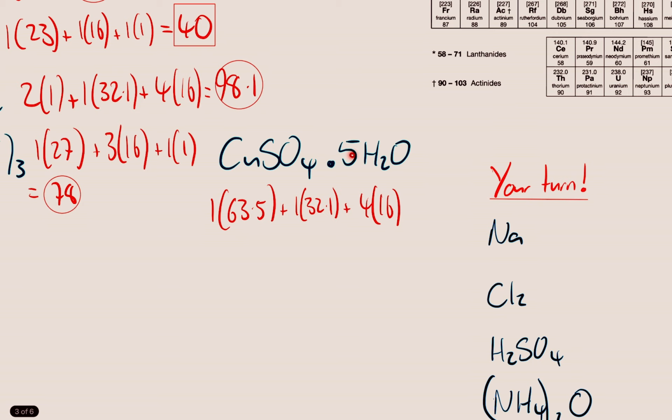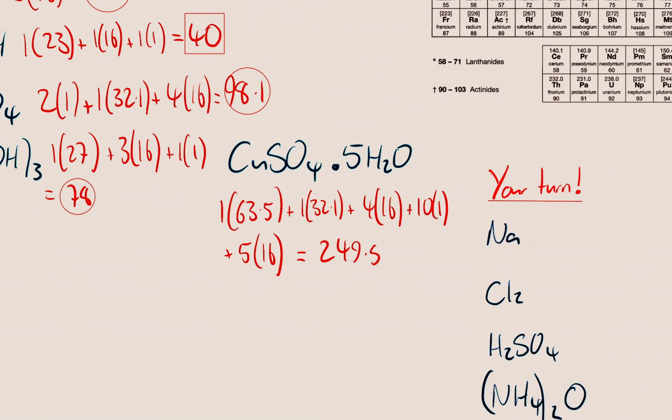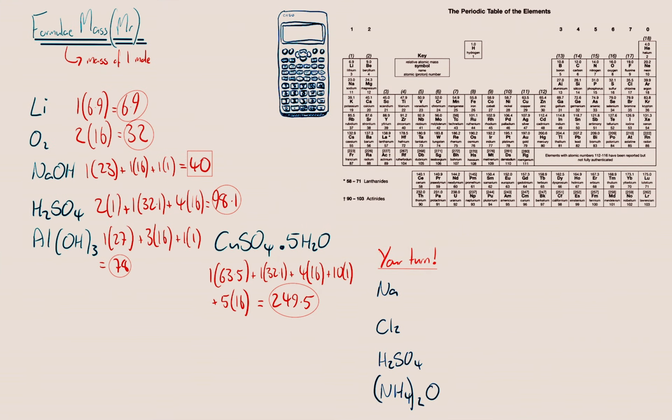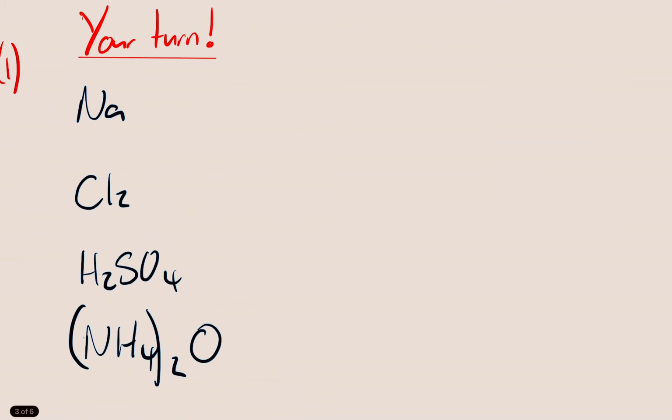And this time we've got 5 lots of H2, so we've got 10 lots of 1, plus 5 lots of O, 5 lots of 16. And again, we put that into our calculator and we get to 249.5. So again, follow these steps for now. This might happen more in your head later on, that's absolutely fine. And then give these questions a go.